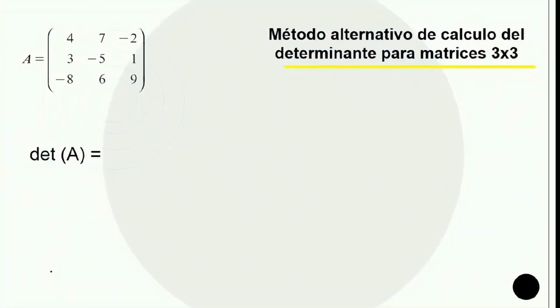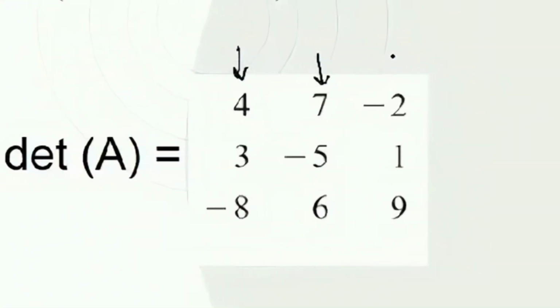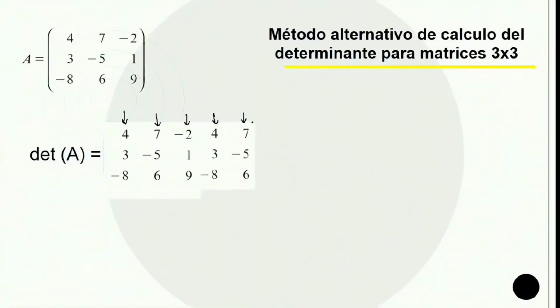Now the third method, the rule of Sarrus. We place columns 1, 2, and 3 of matrix A and duplicate the first and second columns. And now we are going to multiply in the direction of the diagonals. Let's first multiply the main diagonals. So we have 4 times minus 5 times 9, minus 180, plus the second diagonal, 7 times 1 times minus 8, minus 56, plus minus 2 times 3 times 6, minus 36.